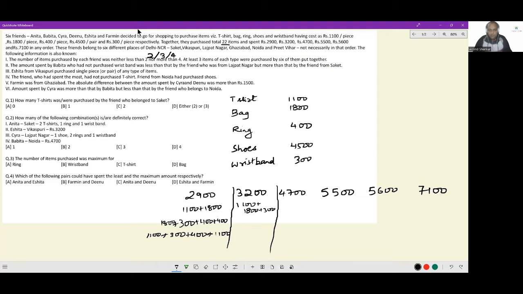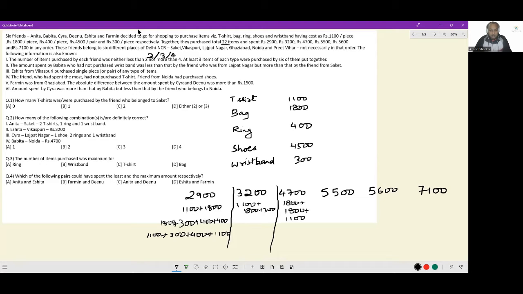Okay. For 4700, the possibilities would be 18, 18, 11, 1800 plus 1800 plus 1100. See, how I'm arriving at these numbers is, if there are 2 items, the average price would be 2350, and I cannot have 2 items with 2350 as the average here.